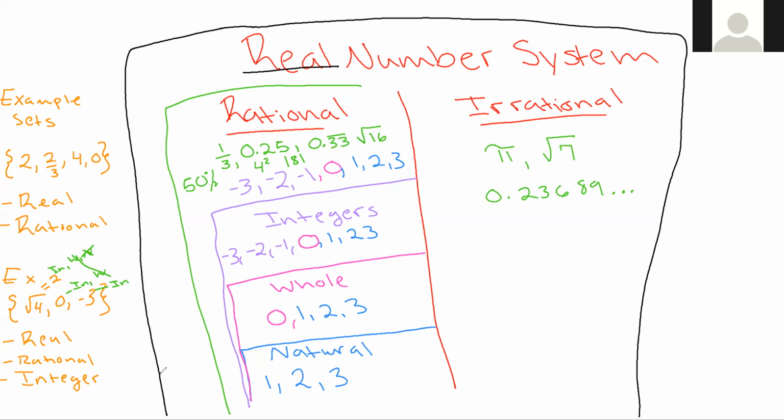Okay? So once again, this is the real number system. If you are a real number, you're either rational or irrational. If you're rational, you might fall in the subset of being an integer, a whole number, or a natural number.